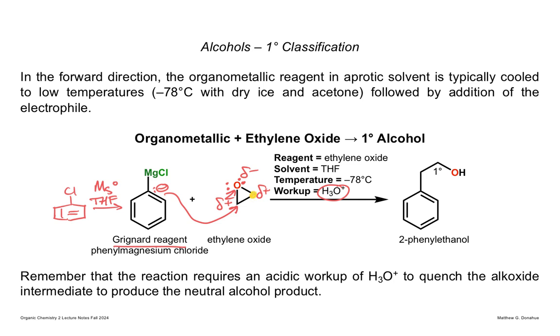So that's the carbon bearing the alcohol. The blue carbon was the nucleophile. See the relationship between them? You have that spacer in there. So that's how you determine whether you use formaldehyde or the epoxide, is how far away things are.